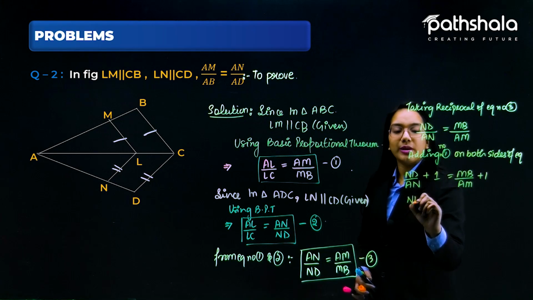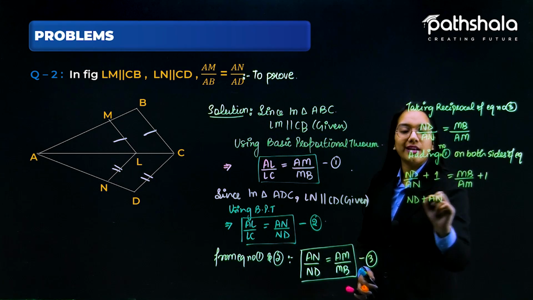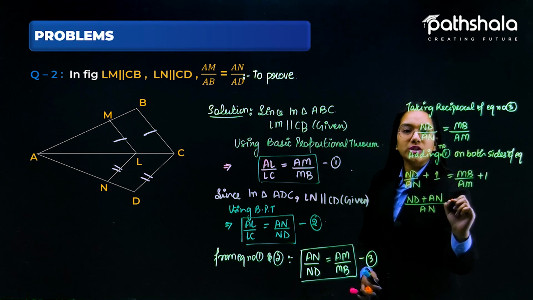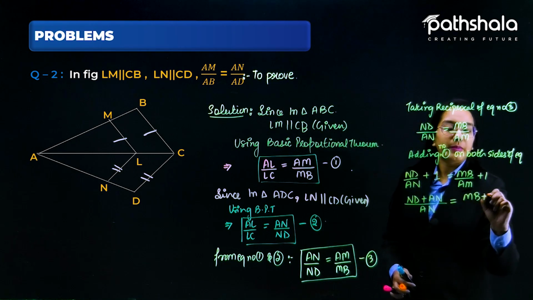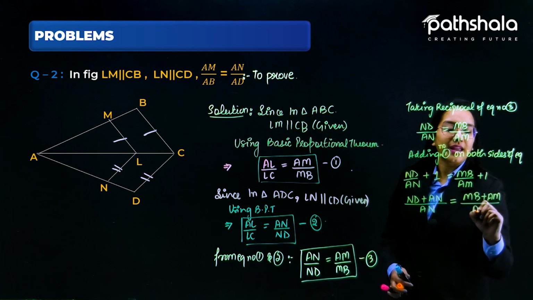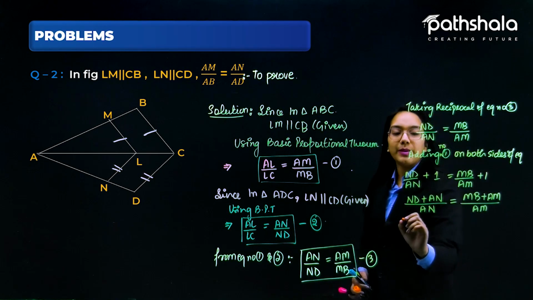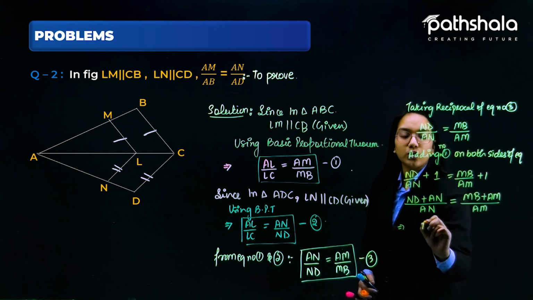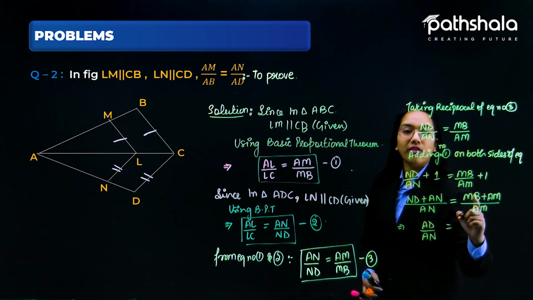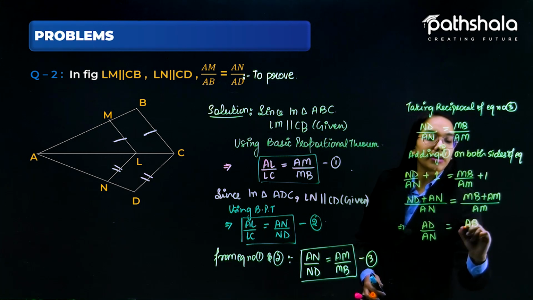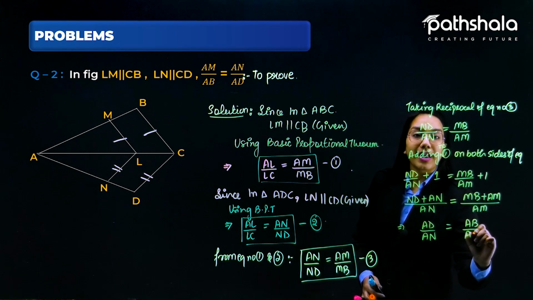Now the value would be ND plus AN by AN, which is equal to MB plus AM by AM. As you can see, ND plus AN is a total of AD by AN, and this is a total of AB by AM.